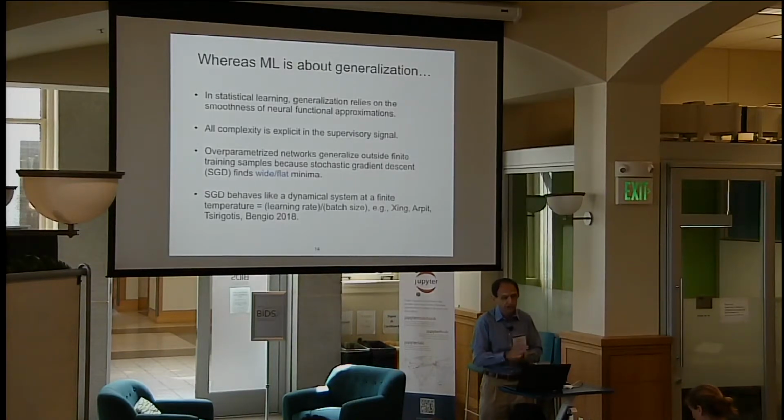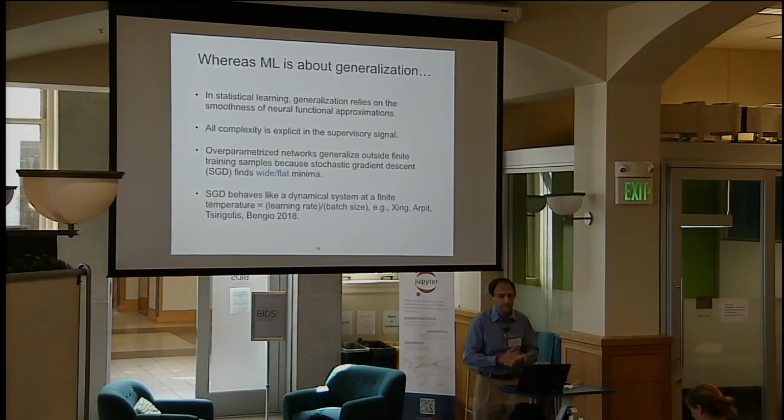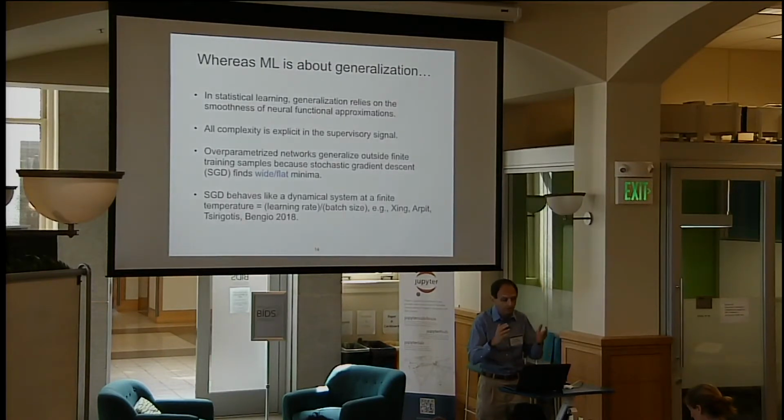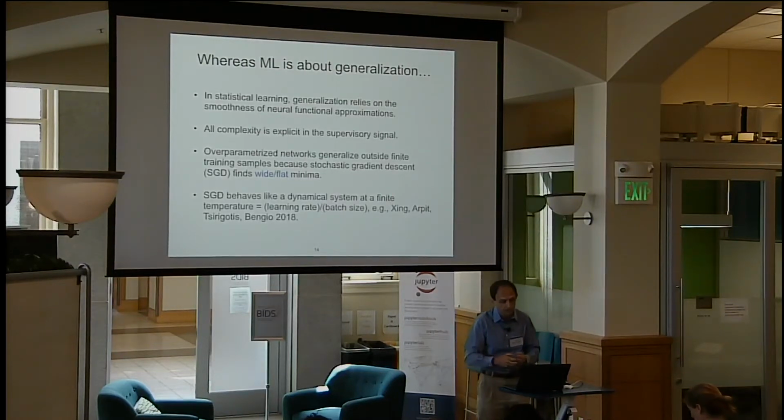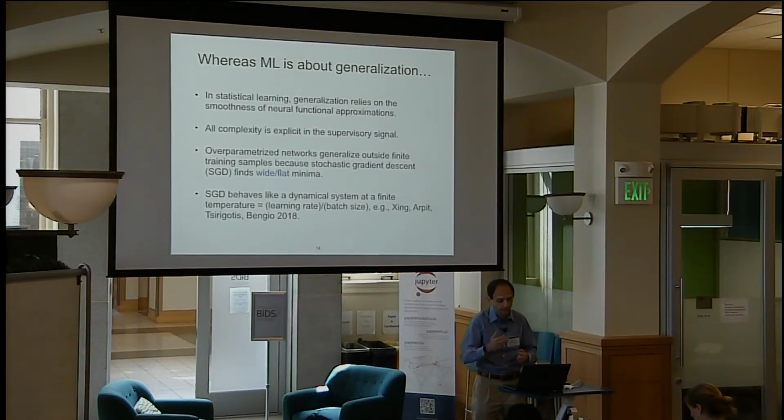Outside of the finite training samples, because stochastic gradient descent finds these smooth approximations which correspond to wide or locally flat minima in the loss landscape. And in fact, stochastic gradient descent behaves like a dynamical system at a finite temperature, where temperature is the learning rate divided by the batch size.